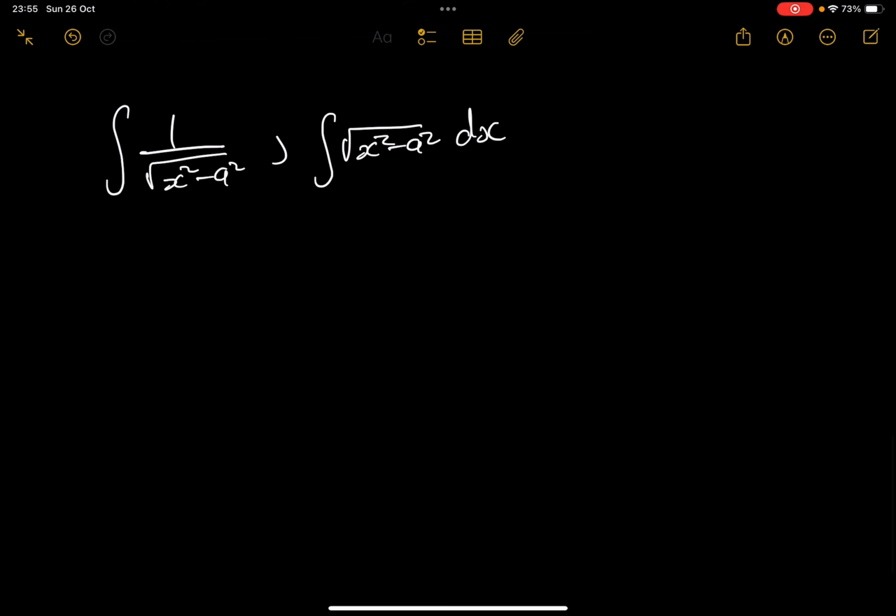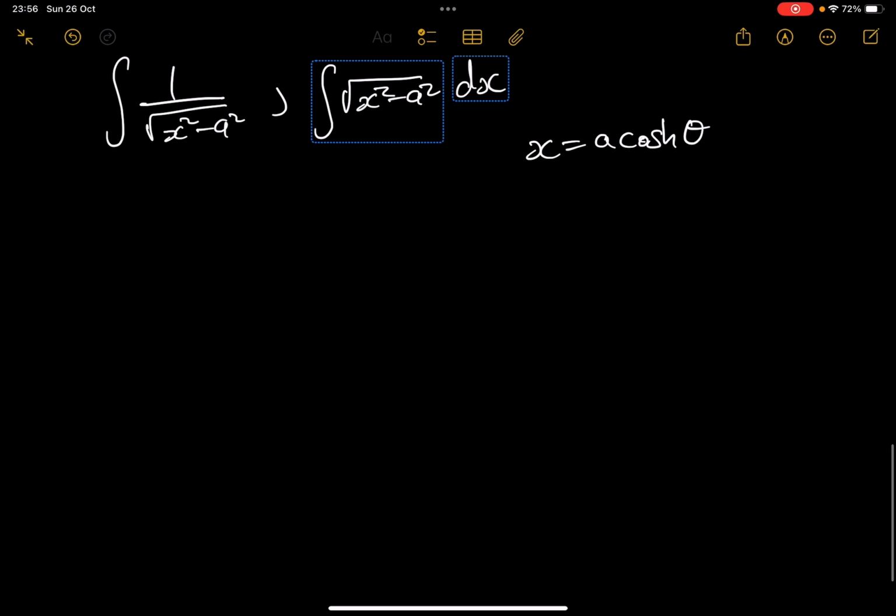If you're given an integral in this format, you need to know this integration technique. So we're going to derive another formula so that we can simplify this. You're going to say let x be a cos theta, and dx is going to be a sin theta d theta.